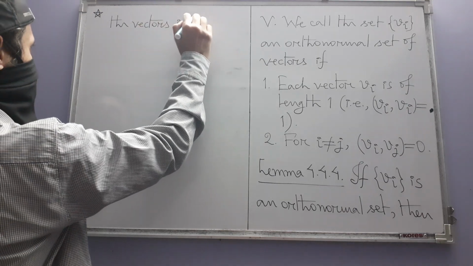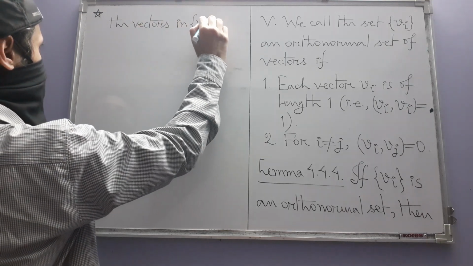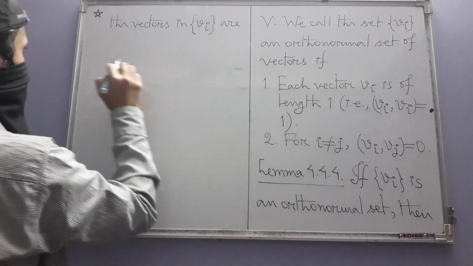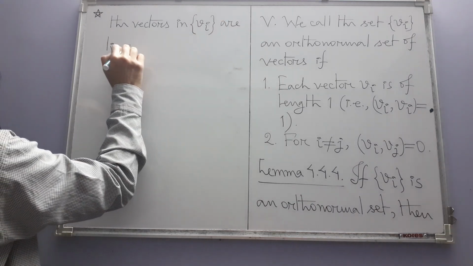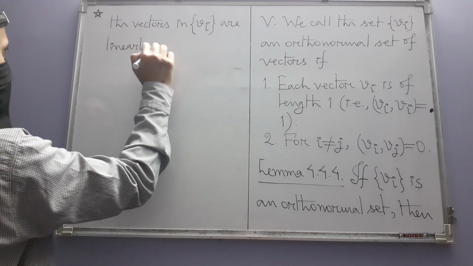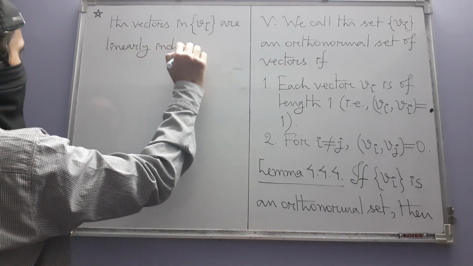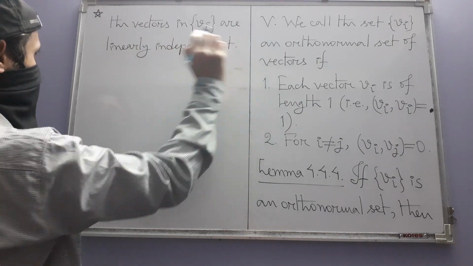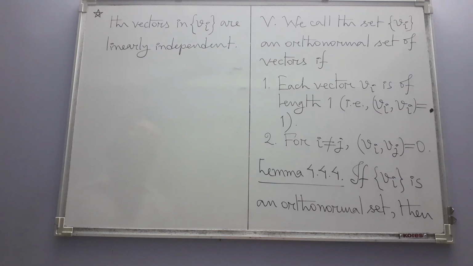Then the vectors in Vi are linearly independent.